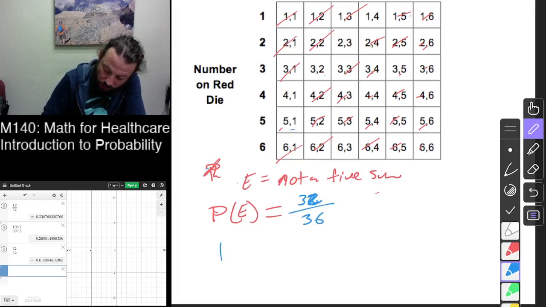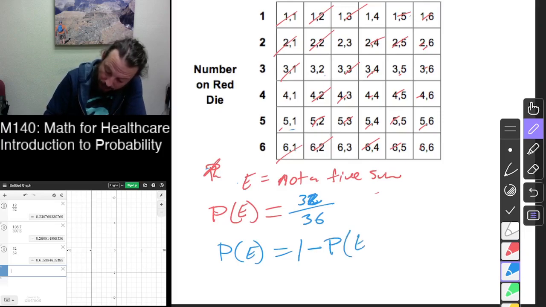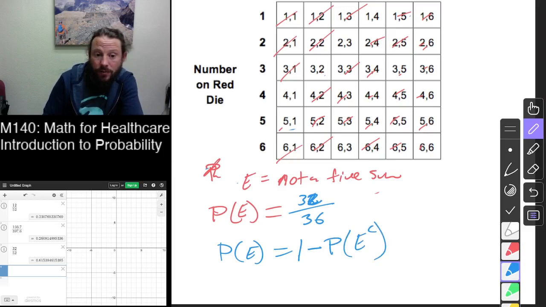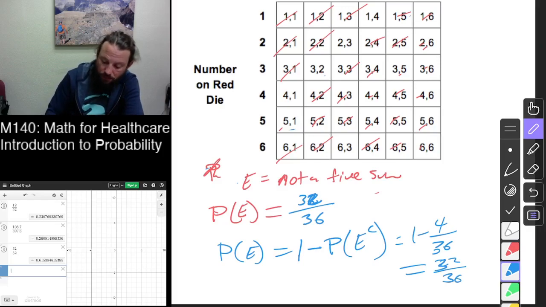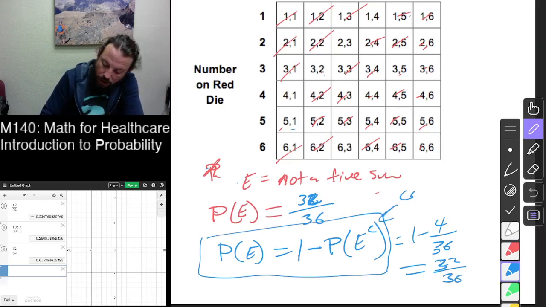Notice we could have also done 1 minus the probability that the sum is 5, which is its complement. So 32 over 36, we get the same thing. This is what we call the complement rule.